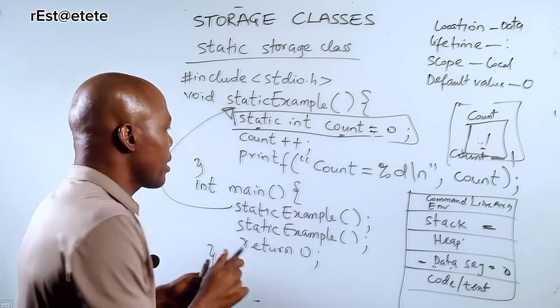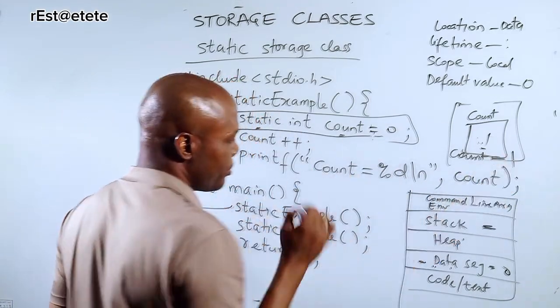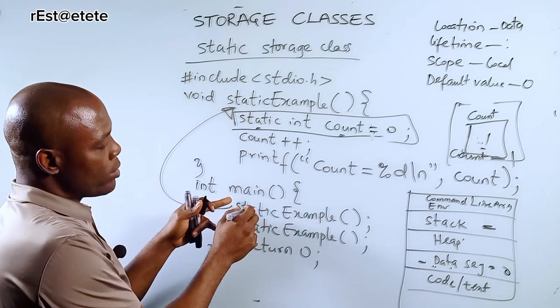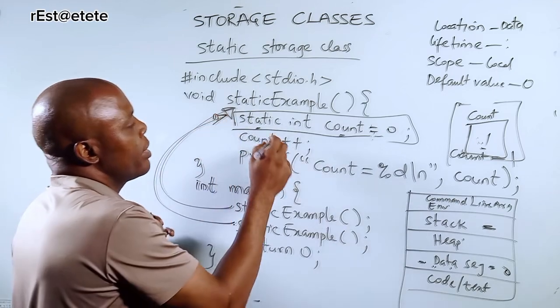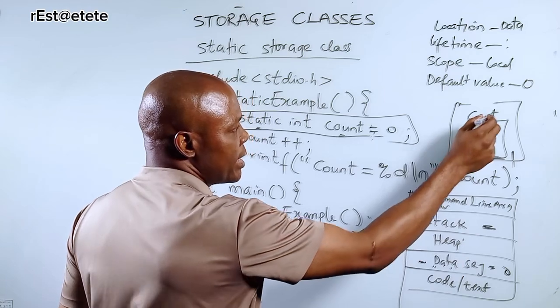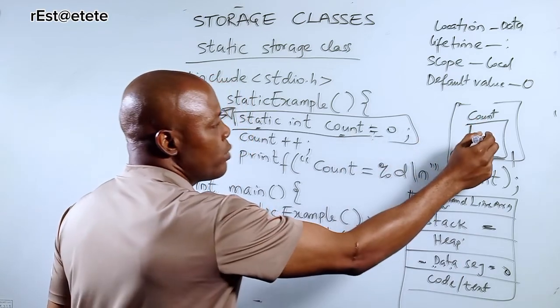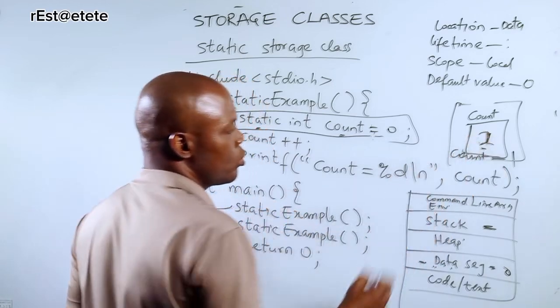But I'm assigning a value to it, right? So then I call this function, it prints out count 1. Then it returns back to main and calls it again. Calling it again, it will go to the data segment and access this place. The value 1 is still existing, so count plus plus will change it to 2.